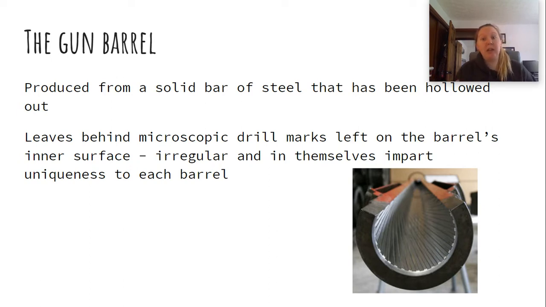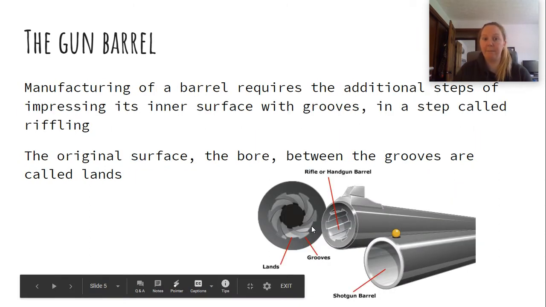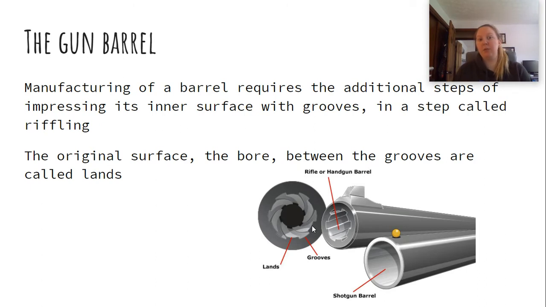So the government agencies always know what manufacturer is using what particular degree of twist and land and groove number, but we'll get to that. The manufacturing of a barrel requires additional steps to impress its inner surface with grooves, in a step that is called rifling.